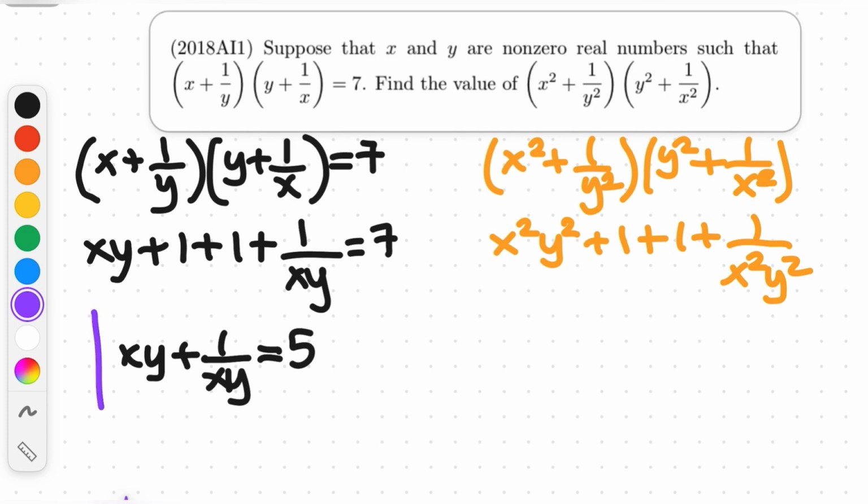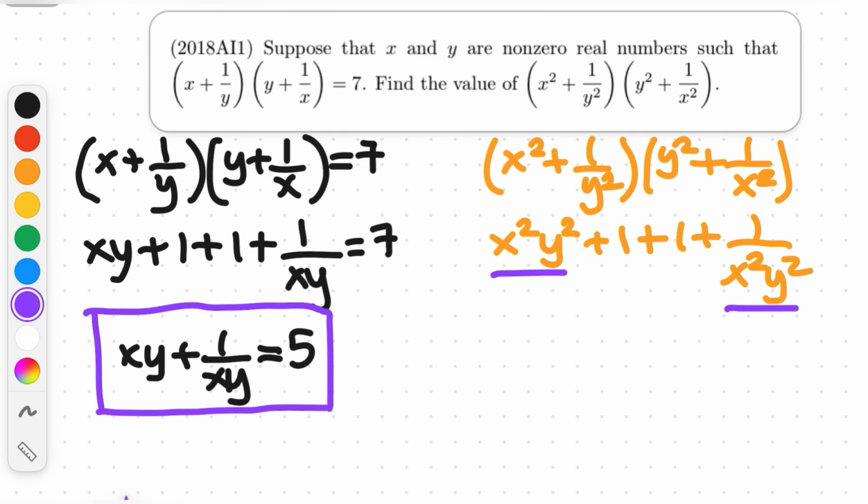In this expression that we got as a result of manipulating the given equation, notice that the terms on the left side are similar to the terms in the expression we're looking for, except the terms here are squares. So once again, that gives us a clue. Let us try squaring this expression.